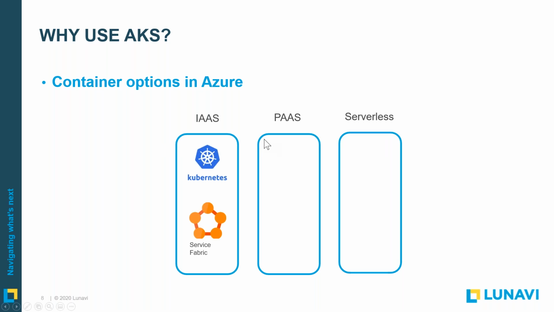So when we talk about ways to leverage containers, again, we can basically deploy those across all of these. Here, the first one, Kubernetes on infrastructure as a service, that really just means I can create my set of virtual machines or virtual machine scale sets and actually deploy Kubernetes myself and manage everything. Obviously, that gives me the most control, but also does require the most management. Service Fabric is essentially Microsoft's flavor of the orchestration platform, similar to Kubernetes.